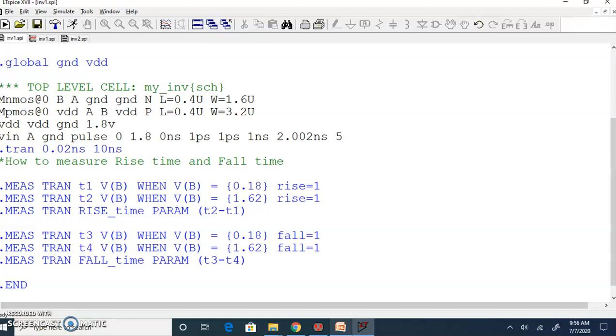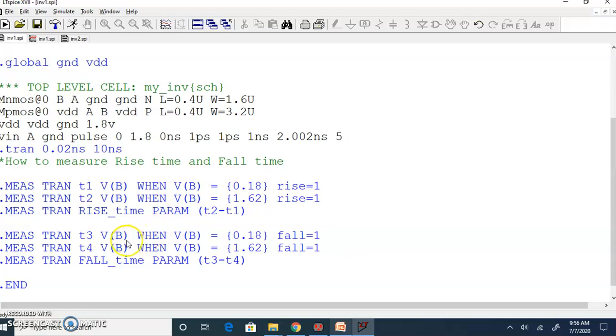I'll measure this T1 on my first rise. That's why rise equals 1 is mentioned. I'll also measure my T2 on VB when VB is at 90%. T1 and T2 are both measured on the first rise. I can calculate my rise time by using T2 minus T1.